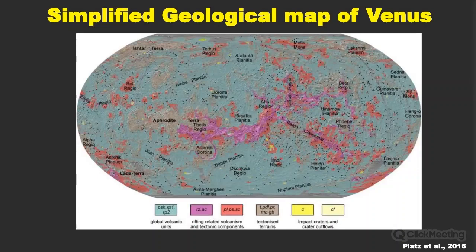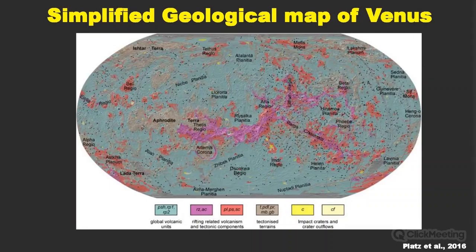Our understanding of the Venus surface is based on the landing missions and the recent Venus Express mission. So this is the current state of understanding of the Venus surface.